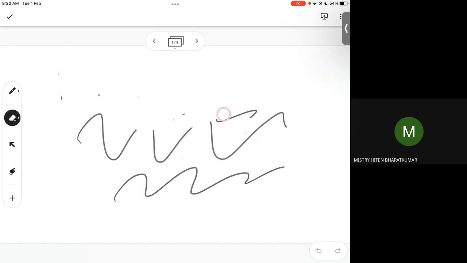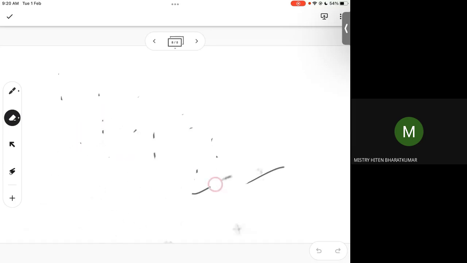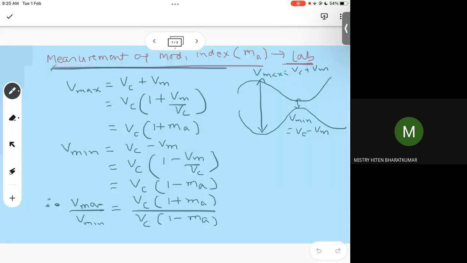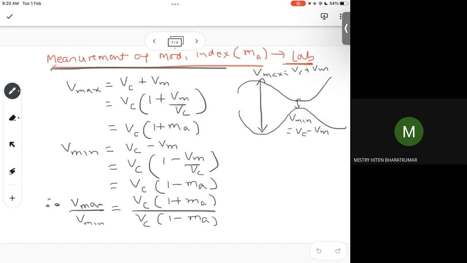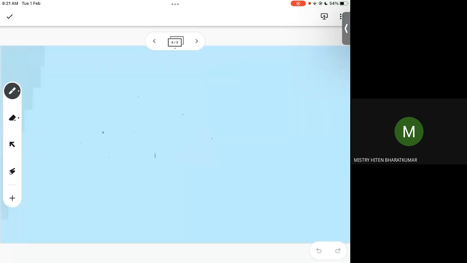Now I'll remove this slide. Okay. So what did we get? If I go to the previous slide, V maximum over V minimum is given by this one. So just solve this equation.